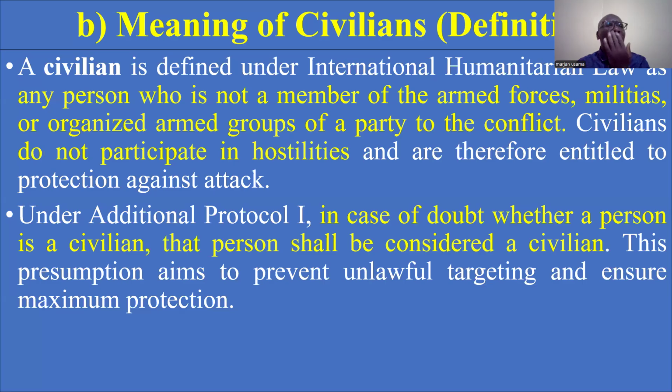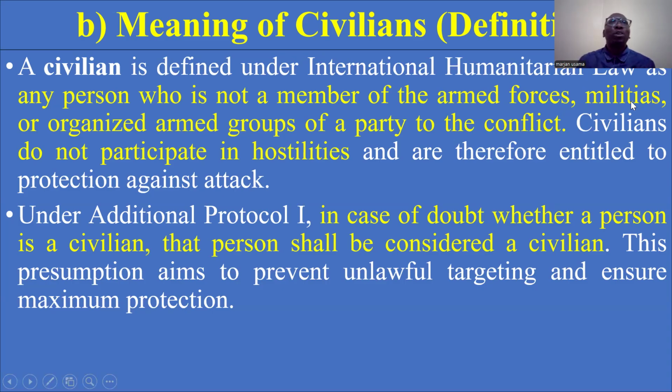Now, what is the meaning of this word civilian? We need to understand this word. A civilian is defined under international humanitarian law as any person who is not a member of the armed forces. So number one, you should not be in the military or militias.